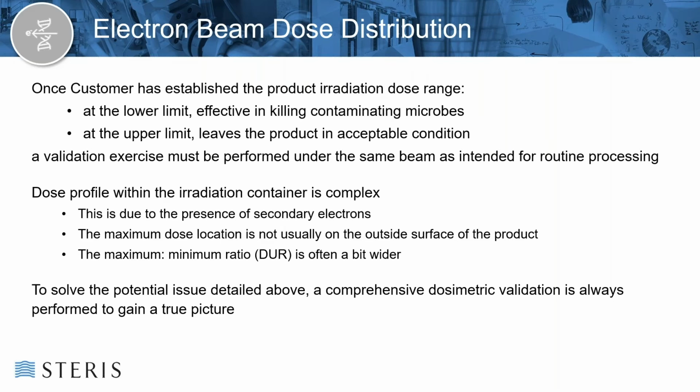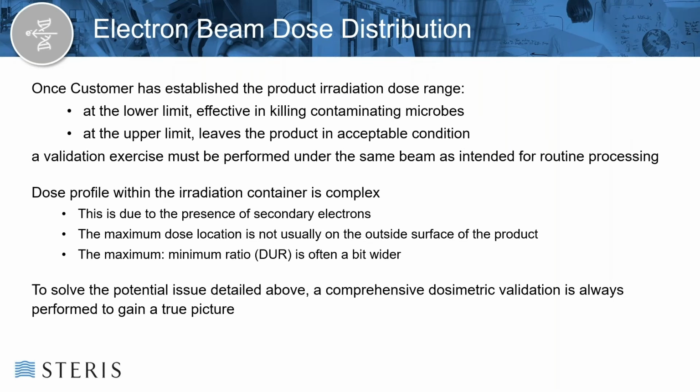In comparison to gamma, our max-min ratios are often a bit wider for E-beam than for gamma. Typically, we want to provide for higher maximum doses for electron beam product. That's not to say that electron beam sterilized product will be more affected as compared to gamma. Electron beam processed product oftentimes is less detrimentally affected by the radiation due to the nature of the process.